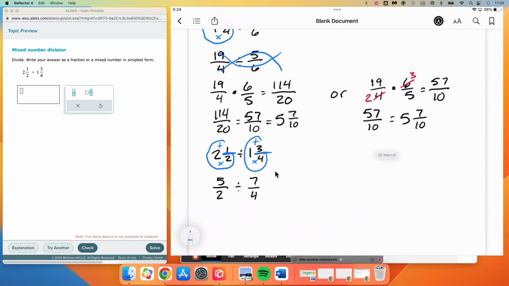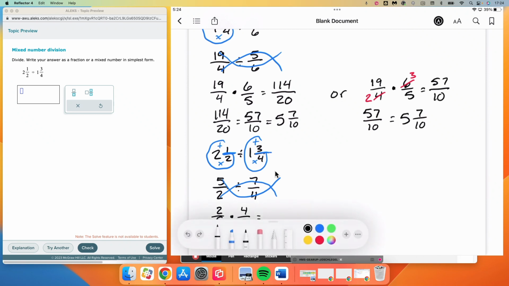I see division, so I know I need to whoop it, which is going to give me 2 over 5 times 4 over 7. And it doesn't look like there would be any possible cross canceling to do here, so we're not going to have that other option over here in this space.